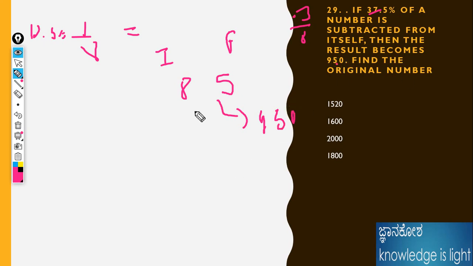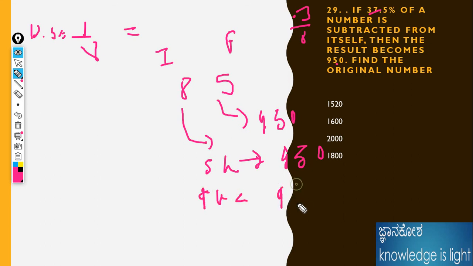Then what is the original value? 5 units is equal to 950, means 8 units, right? The problem is 8 units. 950 in numerator, we need to multiply higher value, 8 by 5. 5 nines are 45, 19, 5 ones, 19, 19 eights are 152, 152. That means 1520 is the answer.